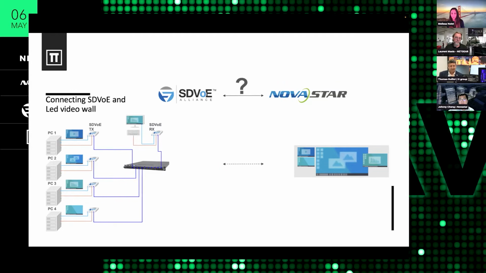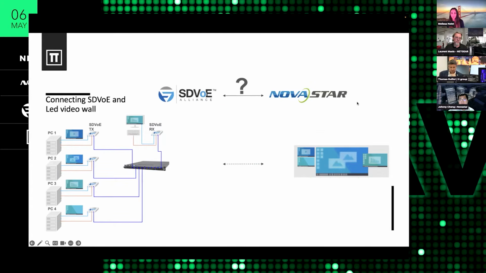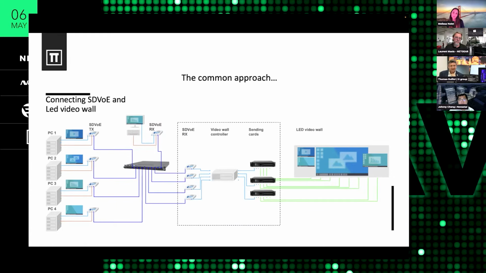So what's missing? What I want to address now is how do we connect both solutions? And I would like to take one step back and talk about the common approach system integrators are doing today to connect a distribution system and an LED wall.